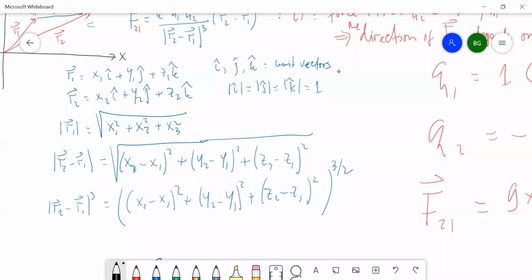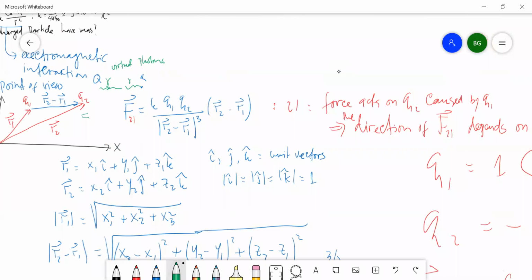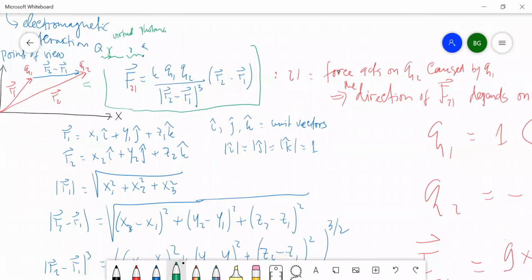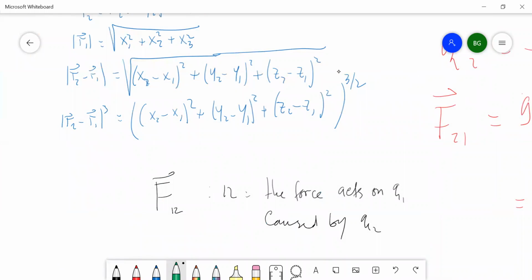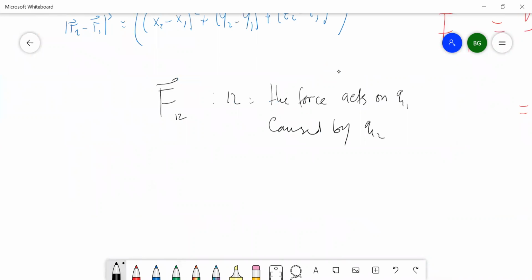This is the definition of F21, and F12 is the other side.